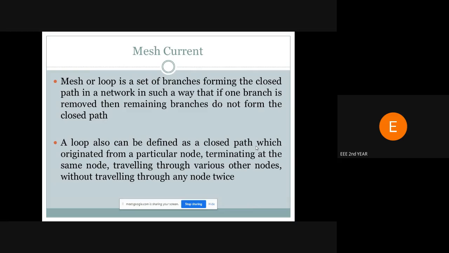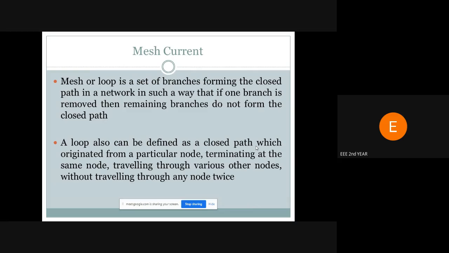When the branches in that network are covered in a closed path, that is called a mesh. A mesh does not contain a loop, but a loop does contain n number of meshes. This is the main difference between the mesh and the loop. If one branch is removed, the remaining branches do not form a closed path. That is called a mesh or a loop.